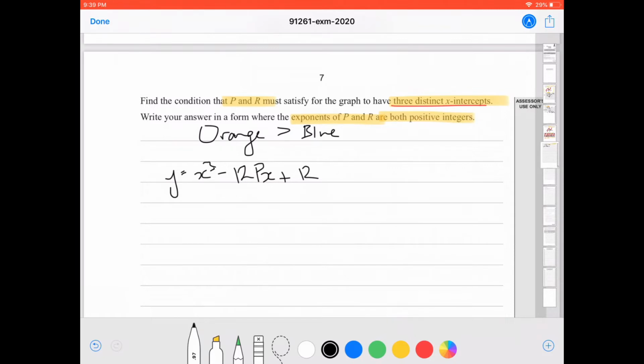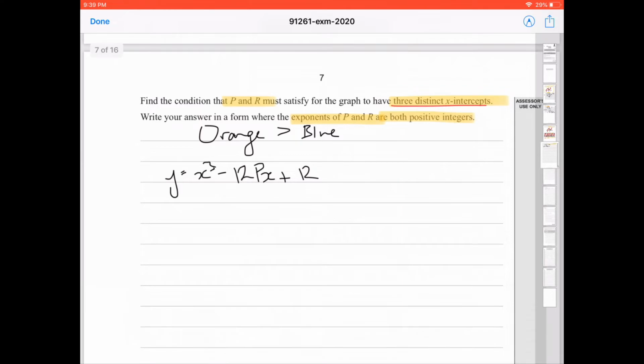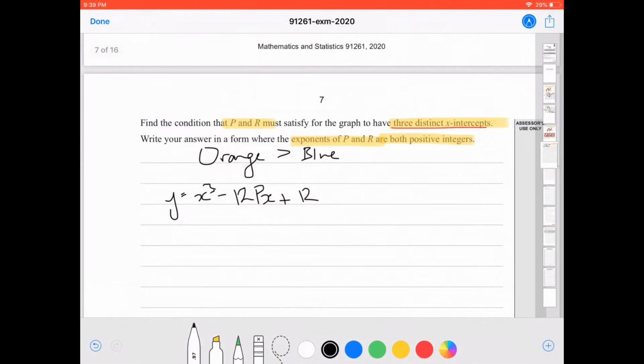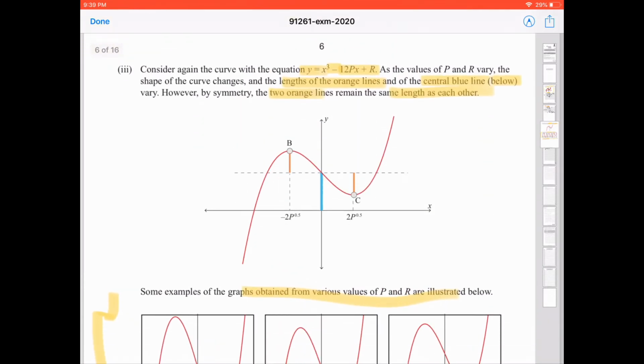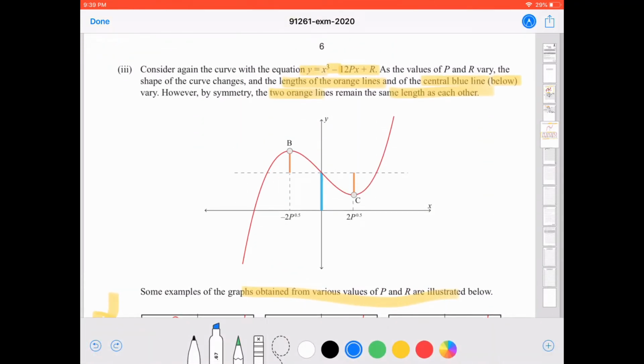Now, the critical idea here is that, thinking of graphs, we have r, and that is the constant of the graph. Now, what does that represent? The constant represents the y-intercept in this case. And so that means r is from the x-axis up, it is this measurement, and that is r, meaning we can see that r is the blue line.